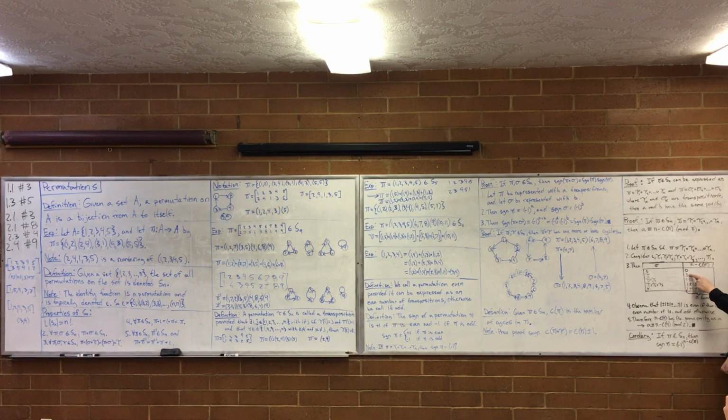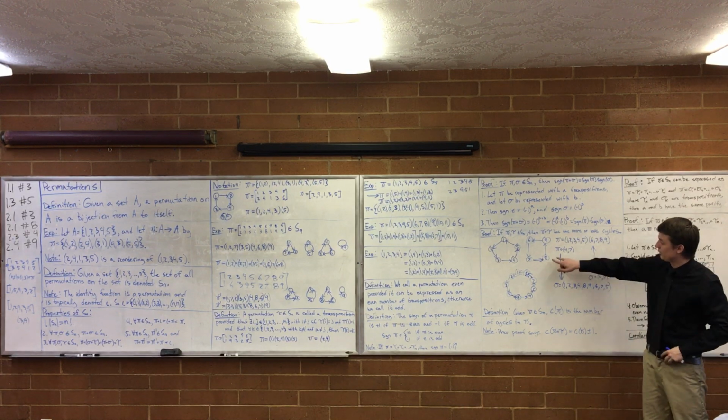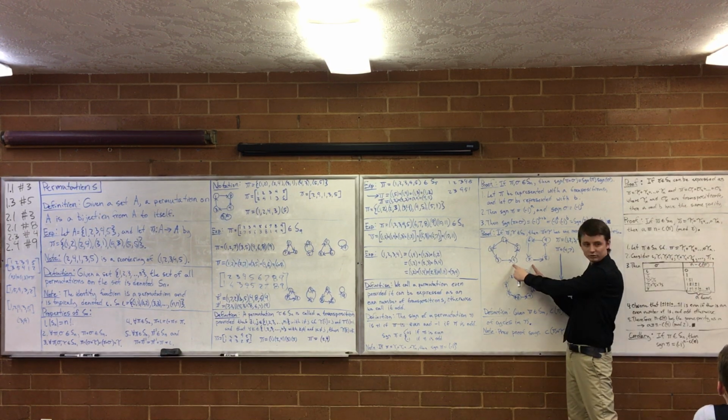So I know in this case, adding a transposition to the identity element always took away a cycle, so this became smaller. With the identity, I know that the two elements of my transposition had to be in separate cycles.